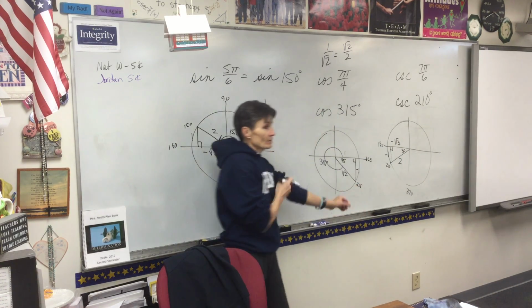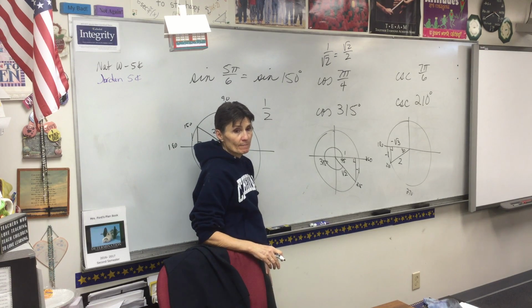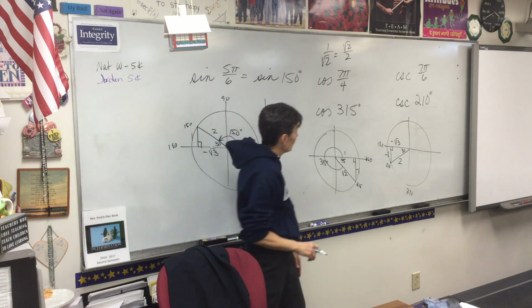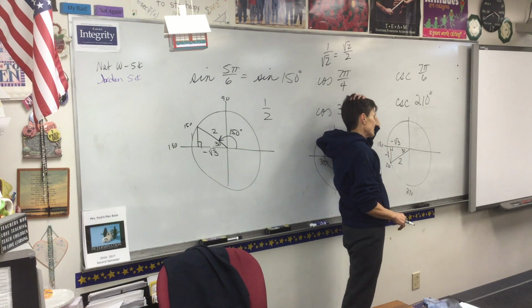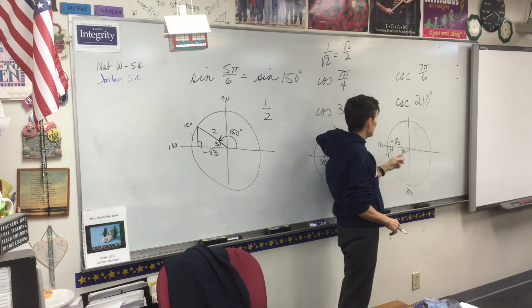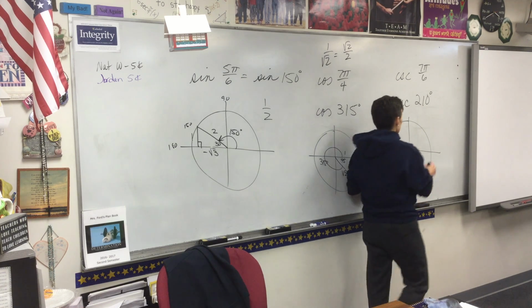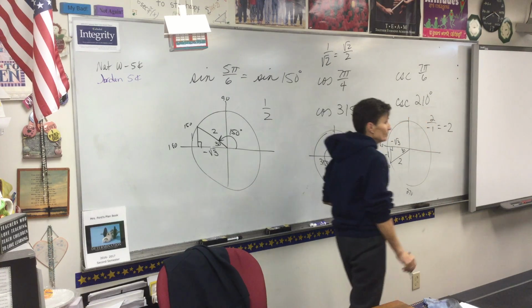They're both negative, aren't they? Now I want the cosecant. Reciprocal of sine. Sine is opposite over hypotenuse, so it's going to be hypotenuse over opposite. So 2 over negative 1, which is negative 2.